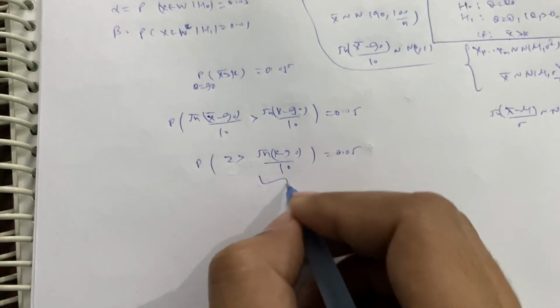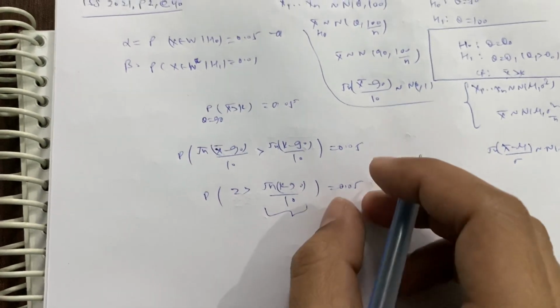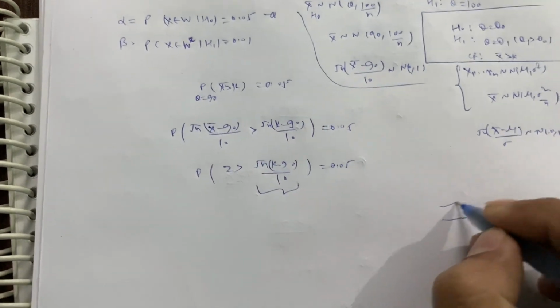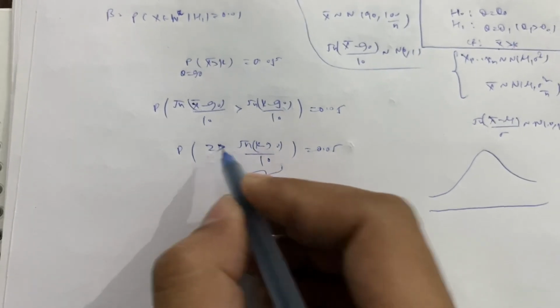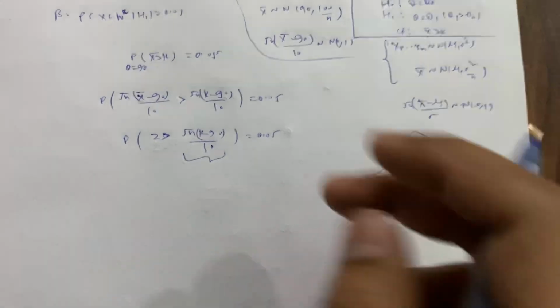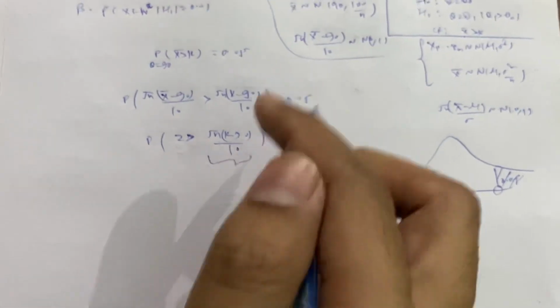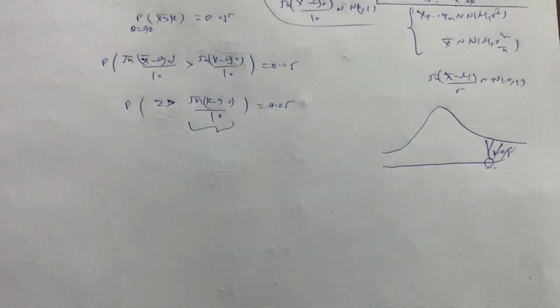Now how to determine this value? It is given that this area is 0.05, meaning the 0.05 area in the right tail. This value is nothing but this point, so we can determine it by using the confidence interval.